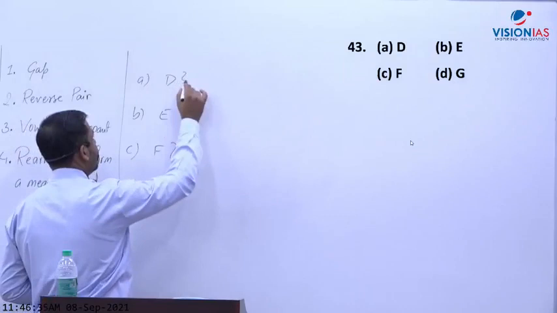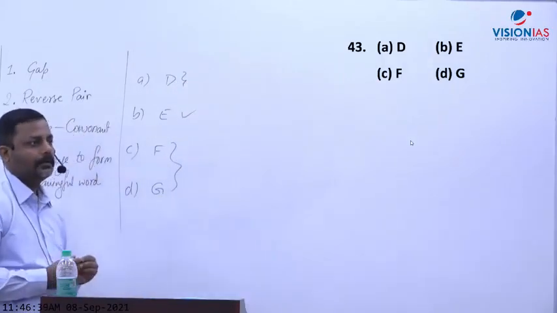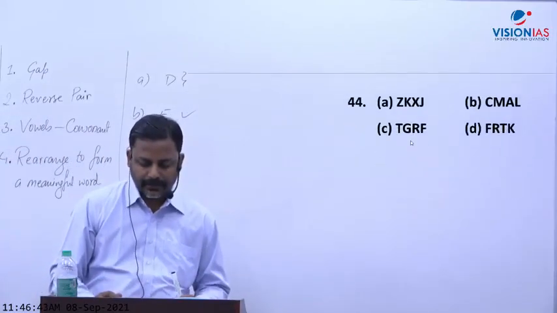These 3 are consonants and this one is a vowel. Yes, option B is a vowel. So vowel and consonant relation.